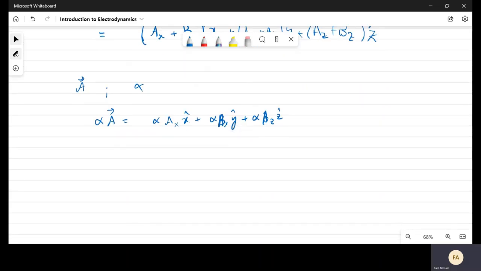And for the dot product, in the coordinate system we define unit vectors x, y, z.